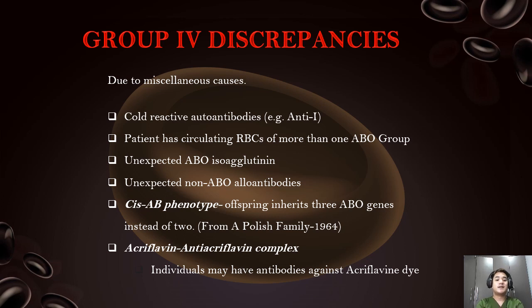For unexpected ABO isoagglutinin, one perfect example is your A1 and A2 blood subgroups of A, which I discussed in the previous slides presentation. And lastly, there are certain individuals who may have antibodies against the yellow dye used most particularly with your anti-B reagent.